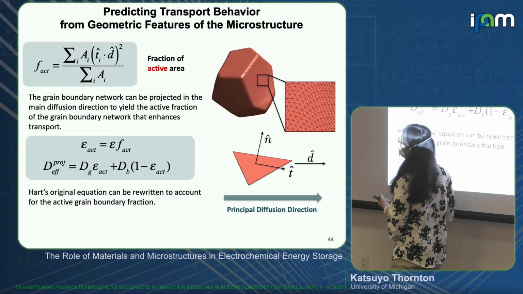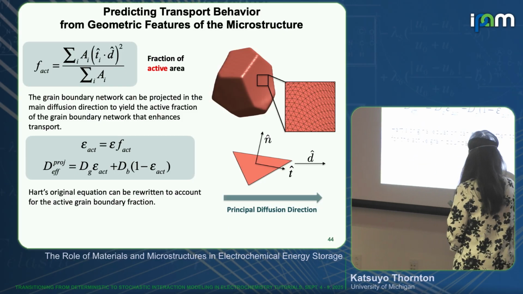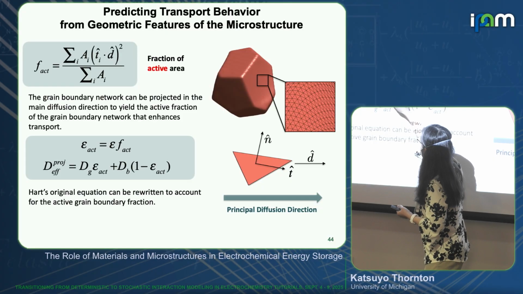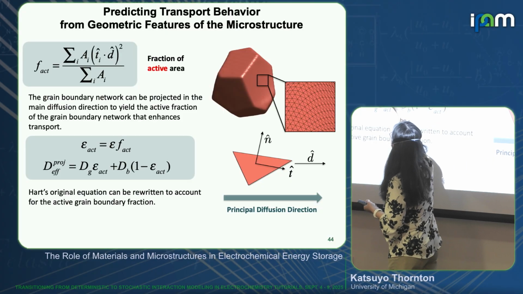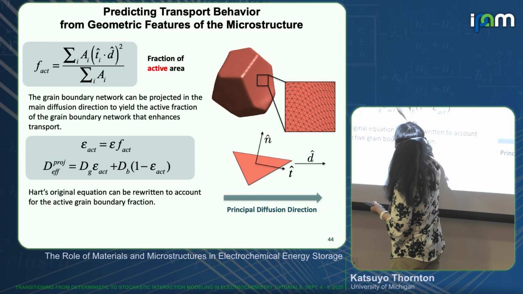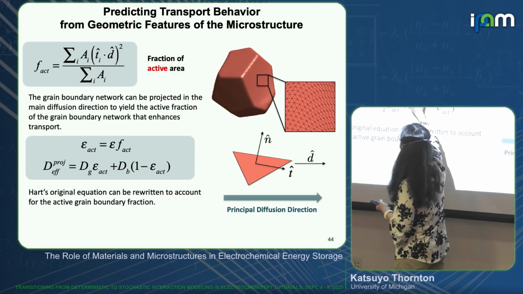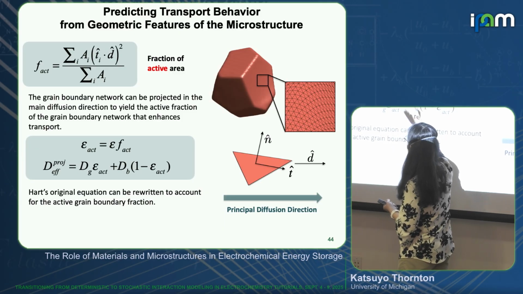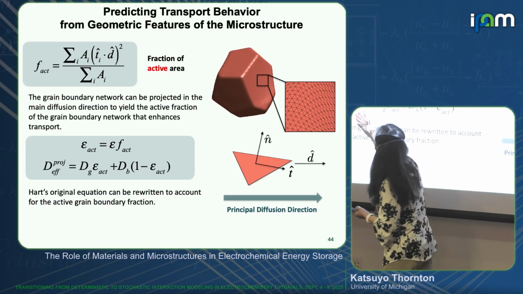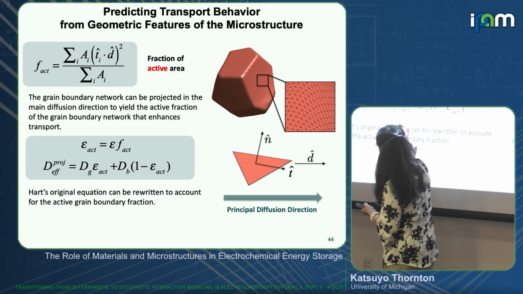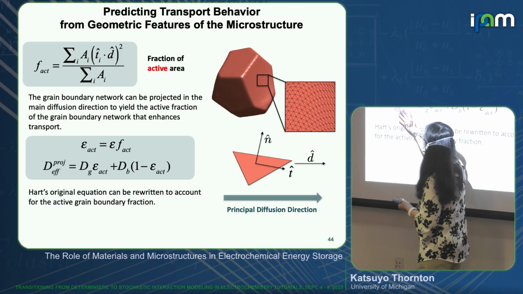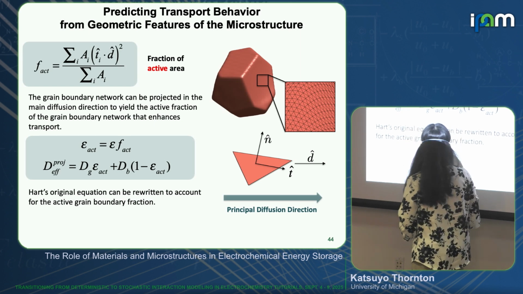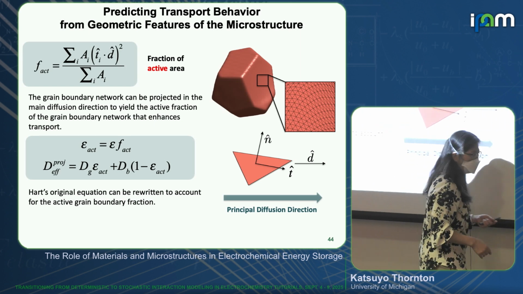So that's F act. It's a projection. And then we adjust this volume fraction with this quantity that you projected. And then we use that projection to calculate the projection-based effective diffusivity.